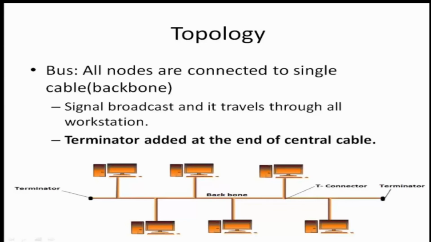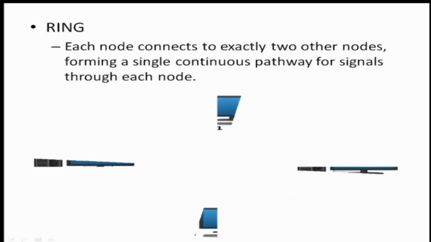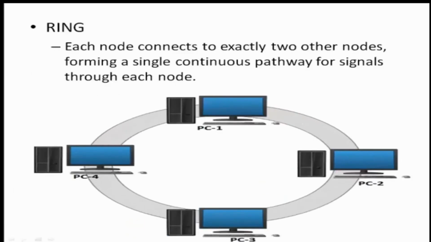The next topology is ring topology. In ring topology, each and every node is connected to exactly two nodes. Here I have considered one scenario, PC1, PC2, PC3 and PC4. All four computers are connected in a ring. If a message is generated by PC1 for PC3, PC1 sends that message, it is first received by PC2, then it is received by PC3.